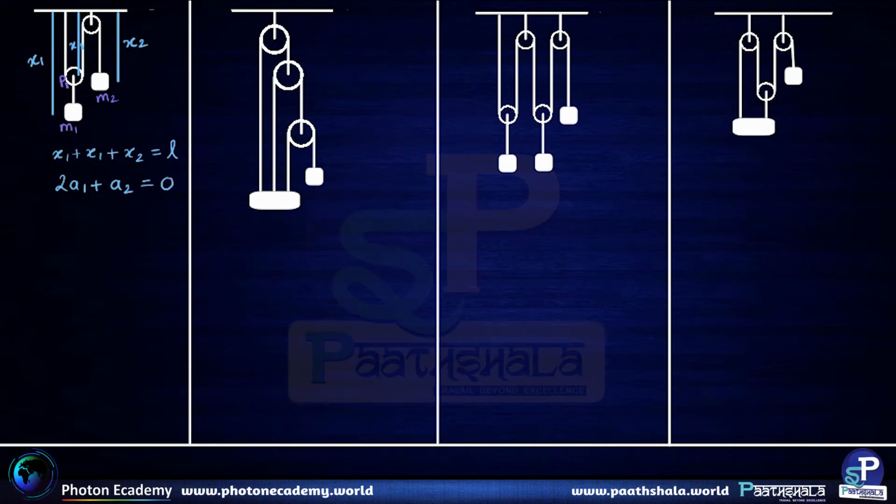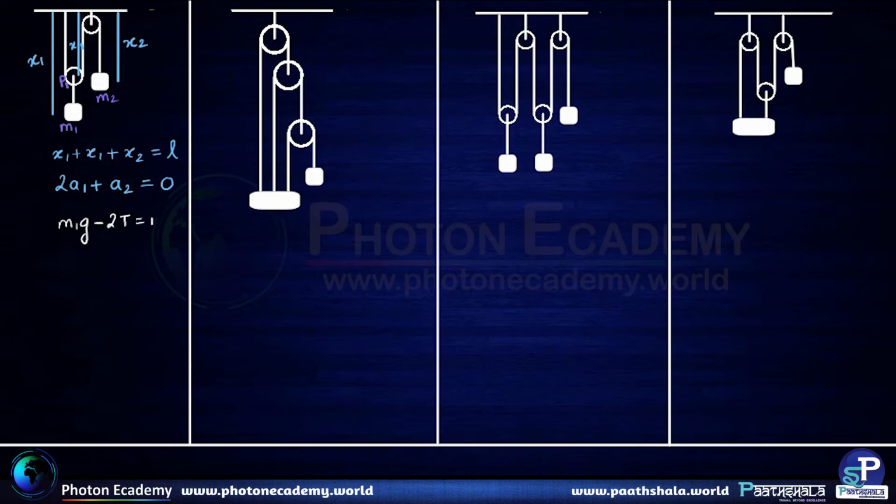For writing down the equations of force dynamics, we get m1g minus 2T is equal to m1a1. So here I have assumed the direction of acceleration a1 for the mass m1 to be in the downward direction and for the mass m2 also in the downward direction.